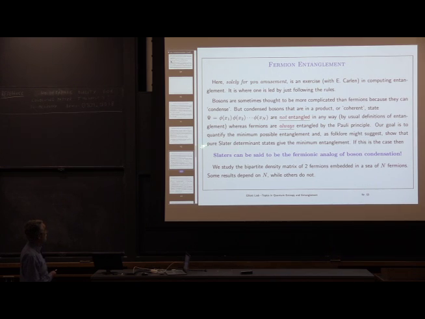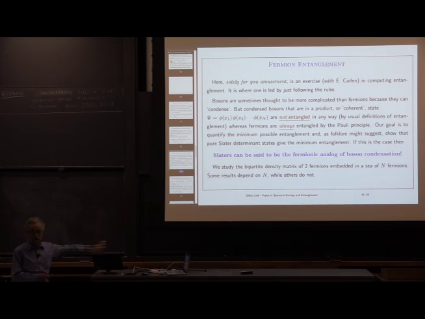Okay, so our goal, this was a sort of fun exercise to see that the analog of the boson condensate is a Slater determinant, in the sense that the least entanglement of a fermionic state is when the state is a Slater determinant.